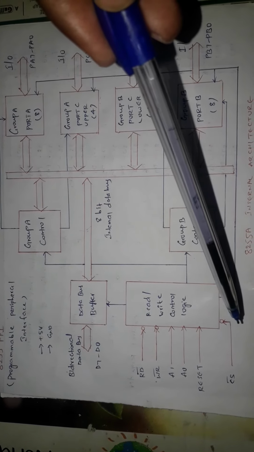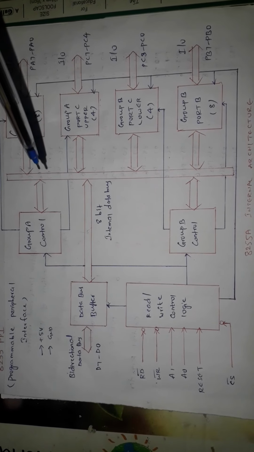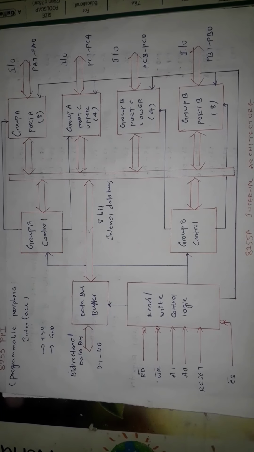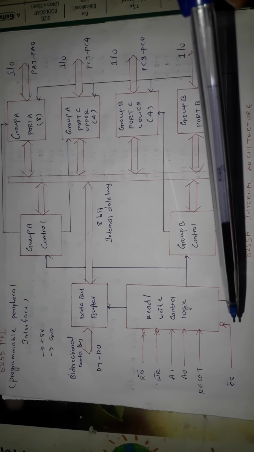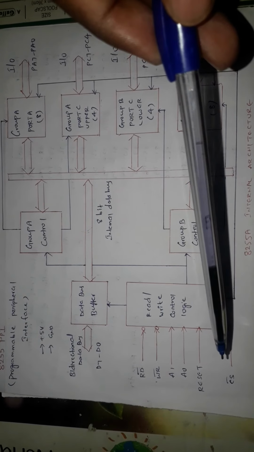And then CS bar. CS bar is a chip select. It is used to select the 8255 integrated circuit. That is, this 8255 is selected by using the CS bar chip select signal, which is also an active low signal. This active low signal can be generated by using a decoder. So you can use a decoder to generate the chip selection logic.